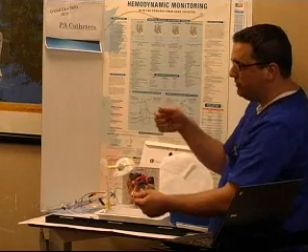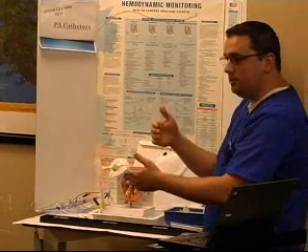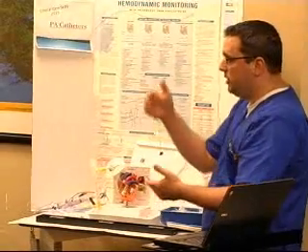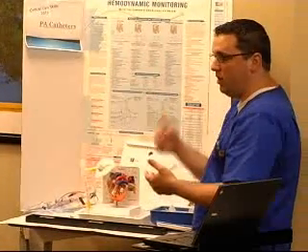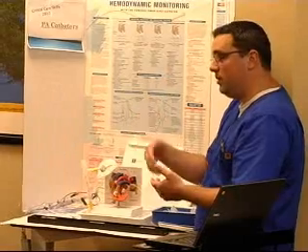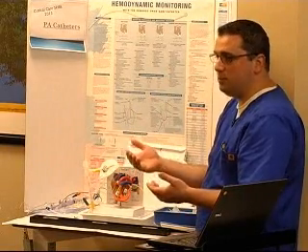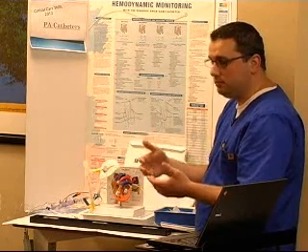Whenever you're going through the different chambers, you're going to see the waveforms that we saw when we were inserting it, in reverse, right? So we're going to go from your PA to your RV. While you're in the RV, it's actually pretty normal that you're going to get some ectopy because it's going to bump around in there.